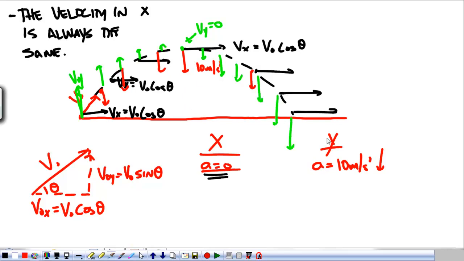The y velocity always changes. When we get back to level ground, guess what? It's the same v0 in the y that we always had, v0 sine theta. A couple of things to look at for projectiles.